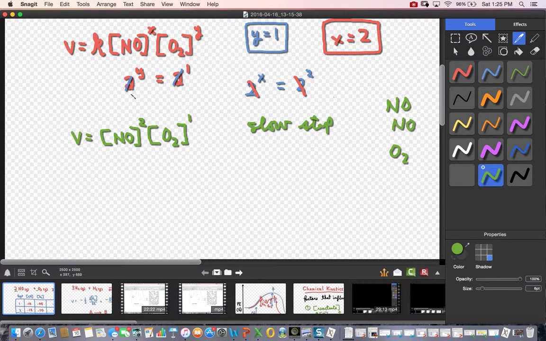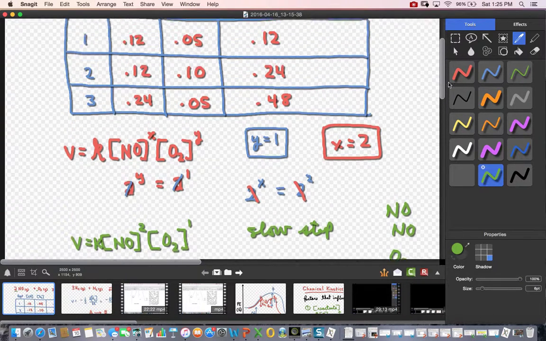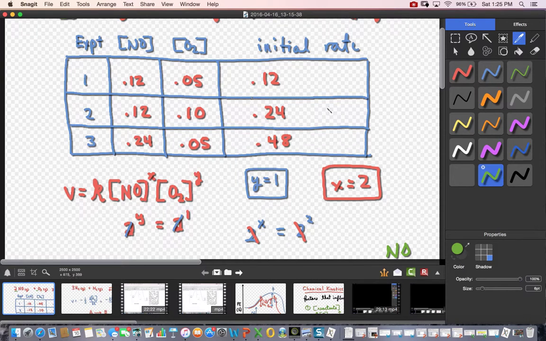Now I also need to find the value of my rate constant. I can pick any one experiment that I want. I can pick experiment 1 or experiment 2 or experiment 3. I'm going to pick experiment 2 at random. I'm going to plug in these values and then I'll solve for the rate constant.